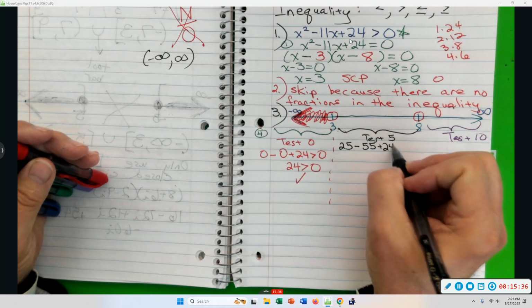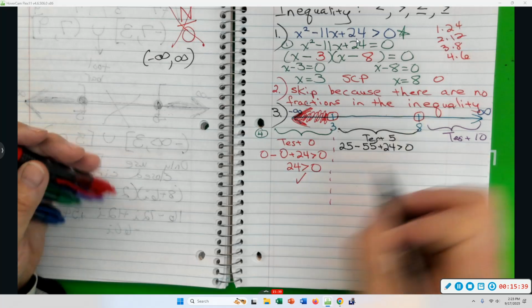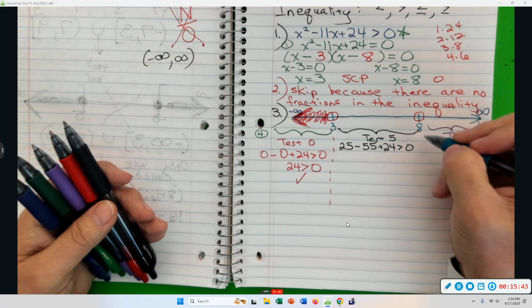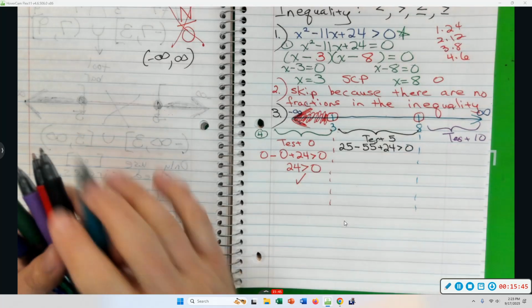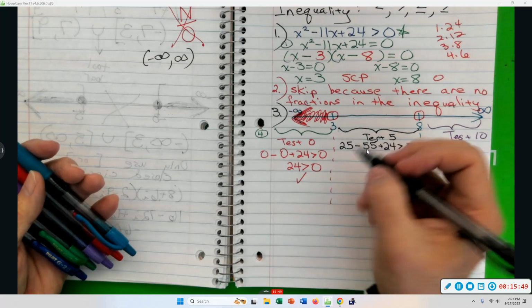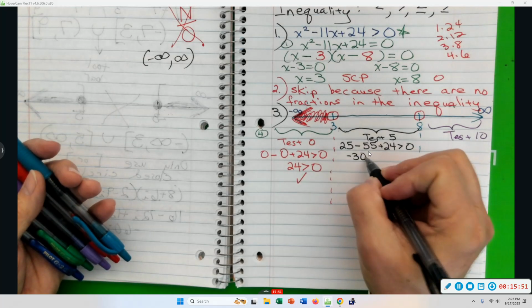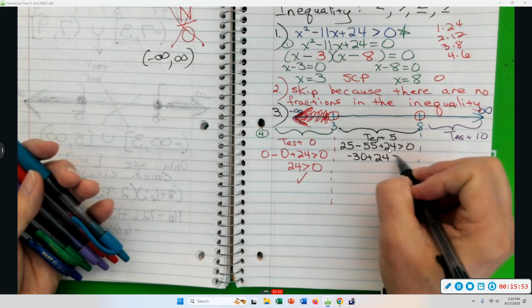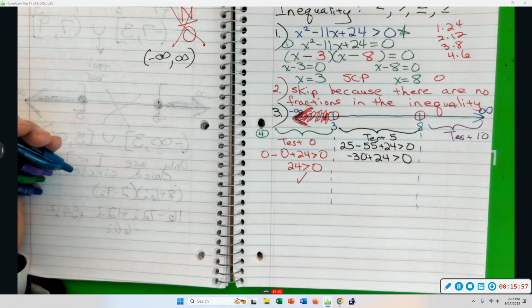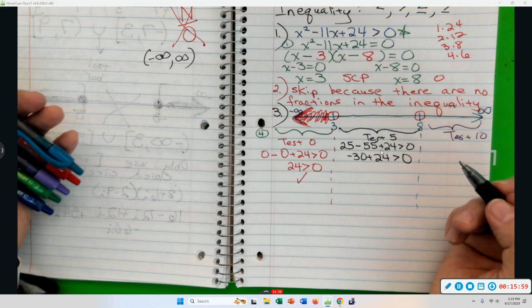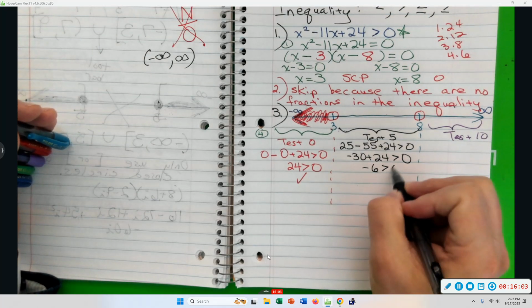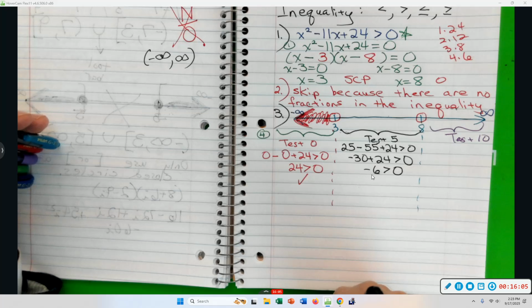Plus 24 is greater than 0. 25 minus 55 is negative 30. Negative 30 plus 24 is negative 6. Is that bigger than 0?